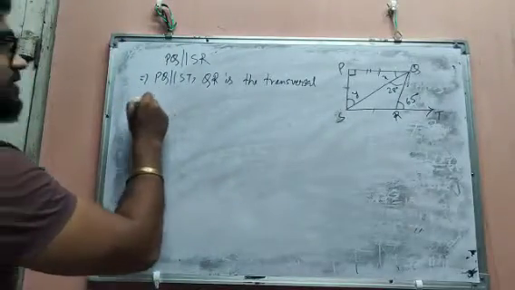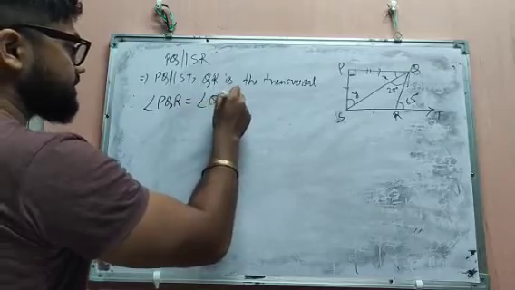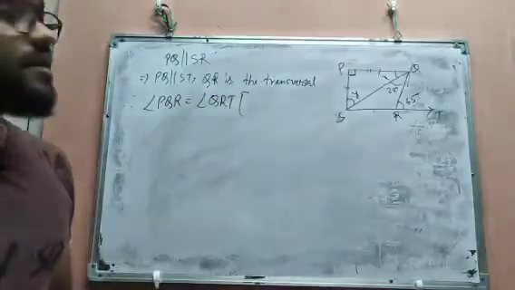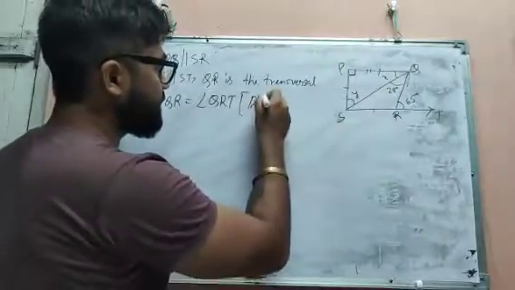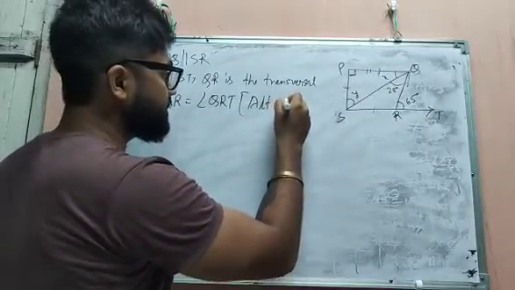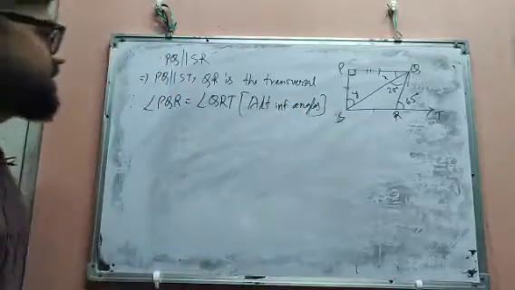So angle PQR is equal to angle QRT. Why are these two angles equal? Because they are alternate interior angles.